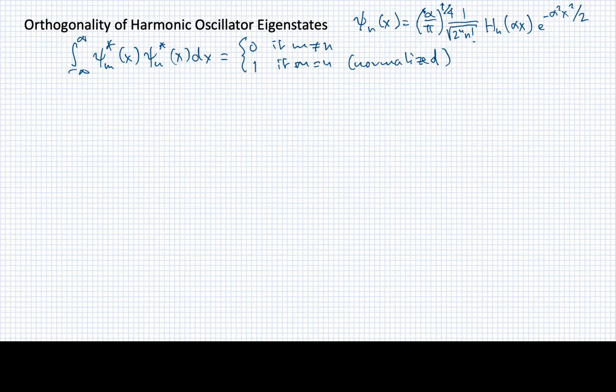All right, so can we show that this is true for harmonic oscillator states? Well, one of the things that we can tell right off the bat is that this particular combination will give us an integral that is 0 for harmonic oscillator states if m is odd and n is even, or vice versa.